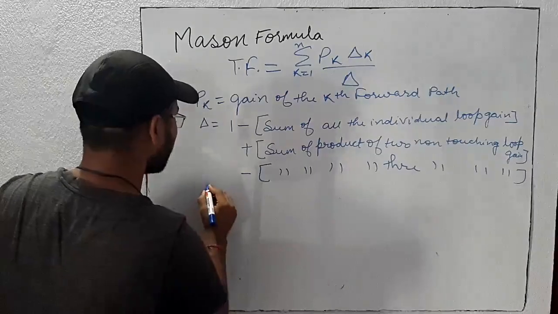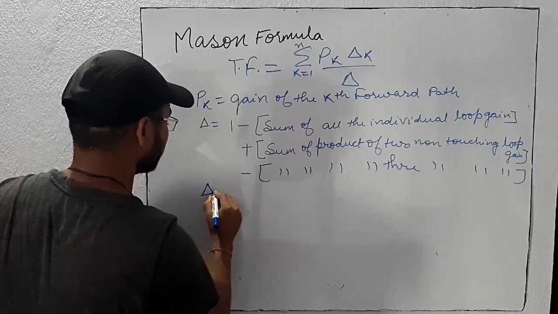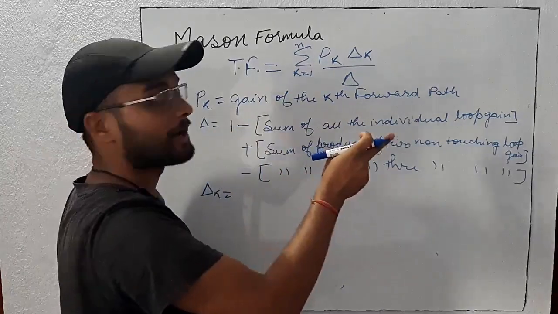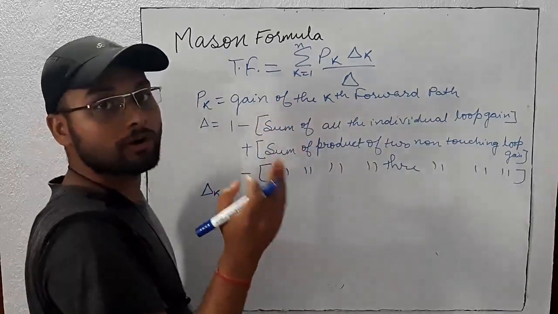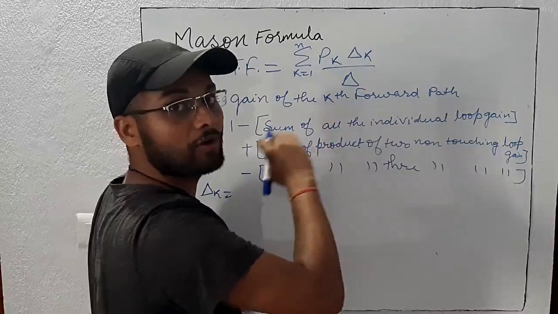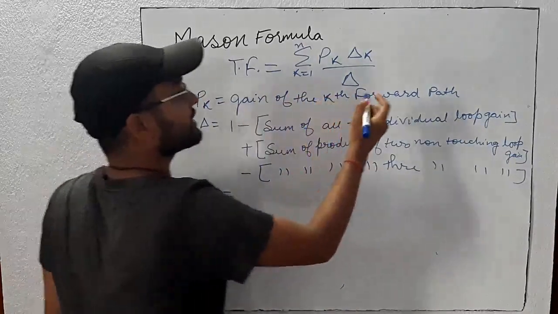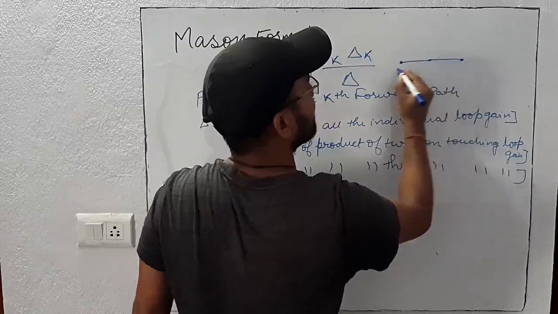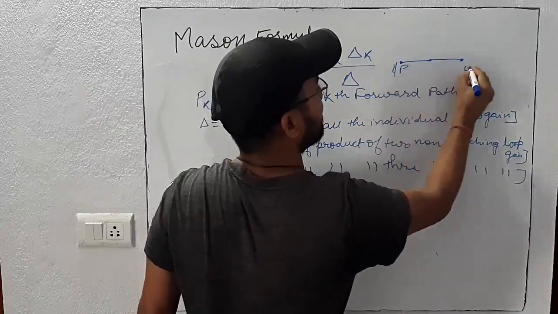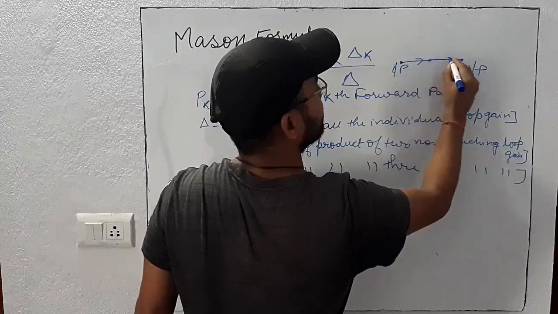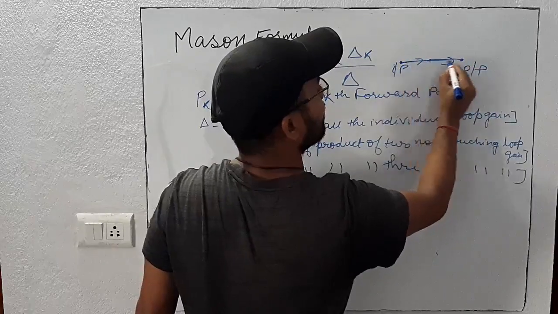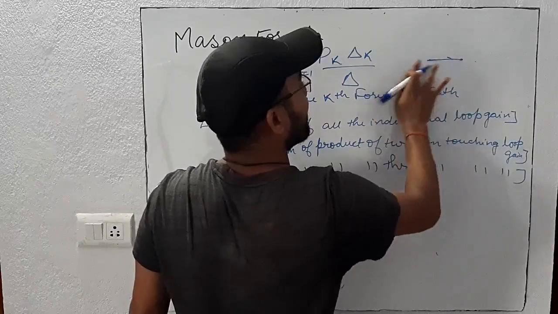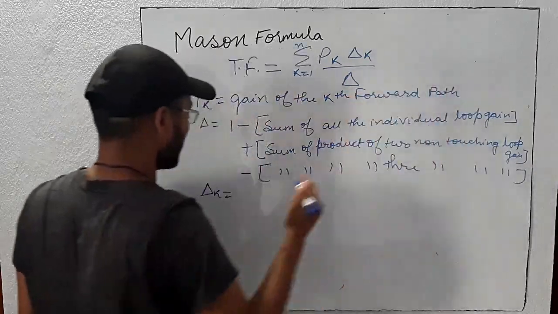And now delta k, this is also for the kth forward path, and we will exclude all the nodes which are included in the forward path. Means the gain of the kth forward path is like this is input and this is output. So from input to output, this is one forward path. So we will find delta k for each forward path.